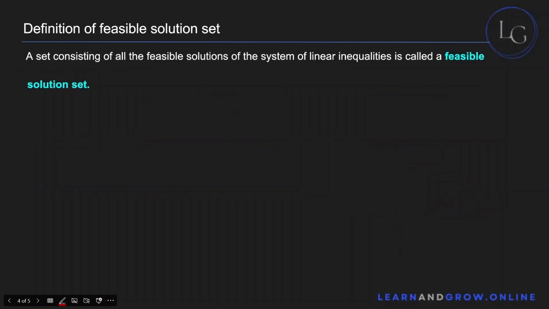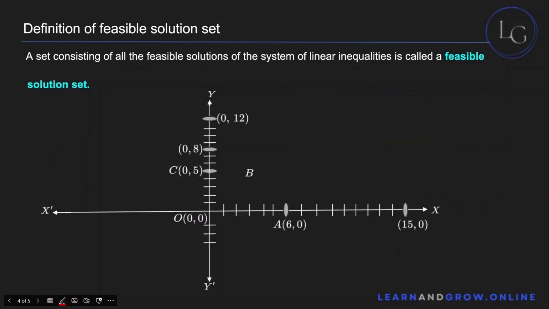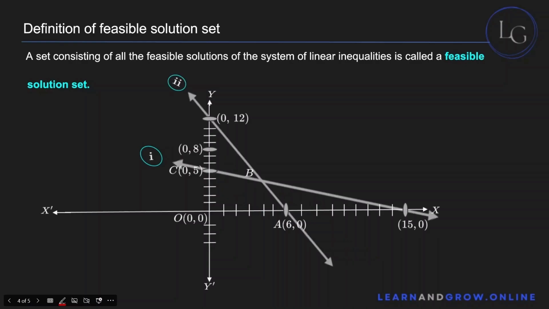So let's see. Say you have this graph of an associated equation of a given linear inequality, and say you have this associated equation, and similarly here you have a third one. Now, let me just back up a bit.